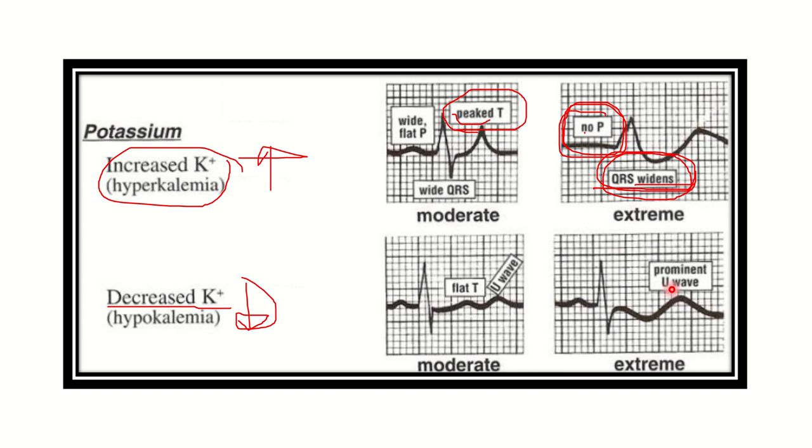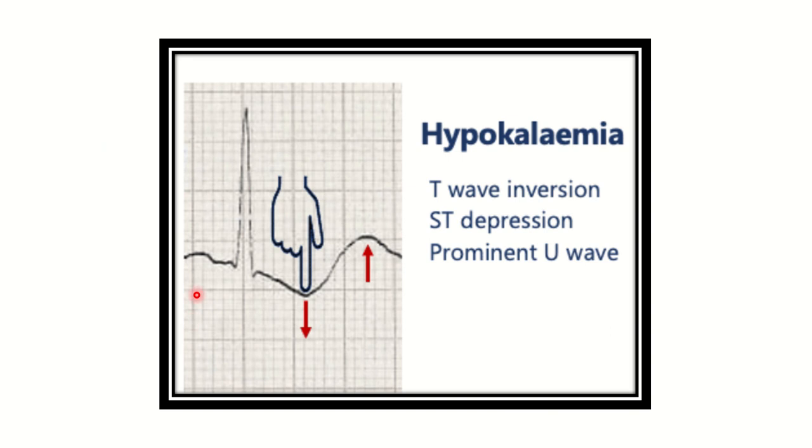This point is very important: the prominent U wave is the main ECG feature of decreased potassium concentration, or hypokalemia. Here we can see this is the U wave.